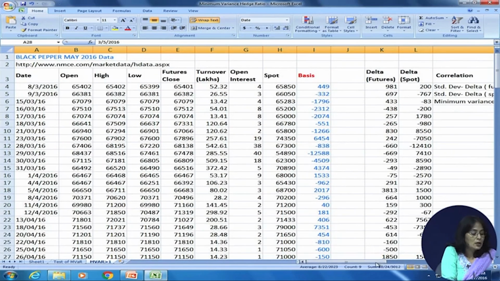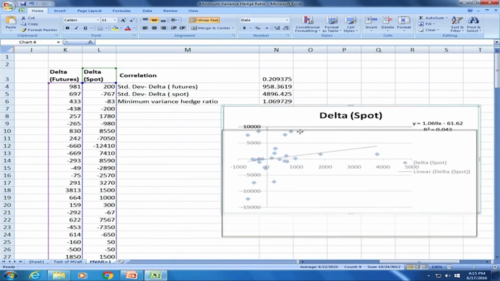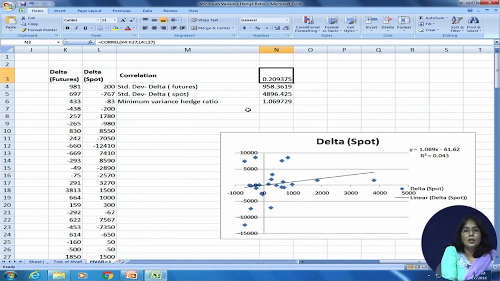by changing some of the values, what I have found out is that if you see, the correlation between spot and futures has come down to 0.20 from the earlier correlation of 0.53, and the standard deviation of delta futures is 958, the standard deviation of delta spot is 4896. So just to give you an example, the standard deviation of delta spot is almost 5 times the standard deviation of delta futures.